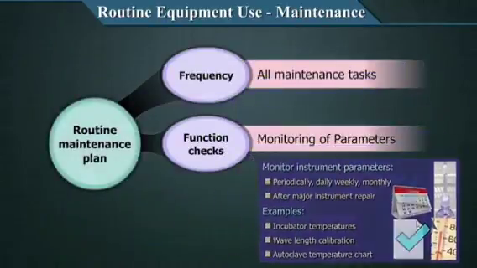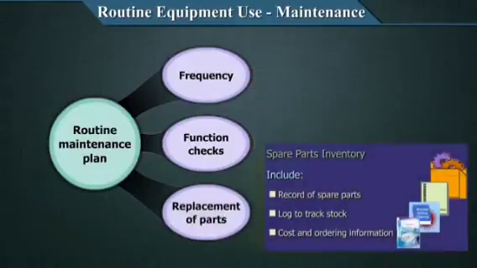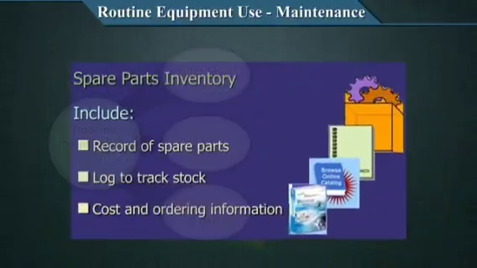And the third part of your maintenance plan should be your spare parts inventory. We already talked about it. This should include the routine maintenance of spare parts in the training, to understand what parts can be replaced and how. The technician should know that an inventory should be maintained for this.